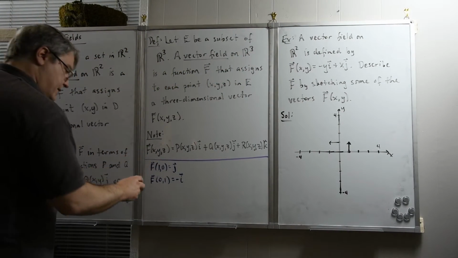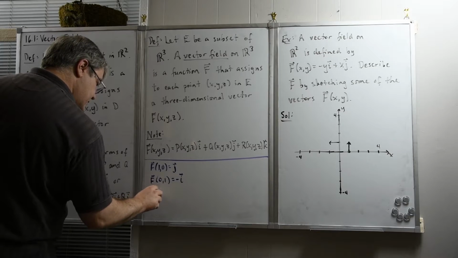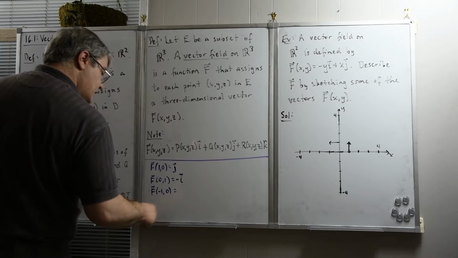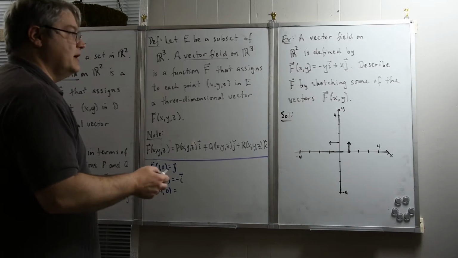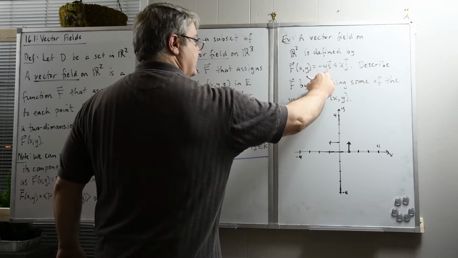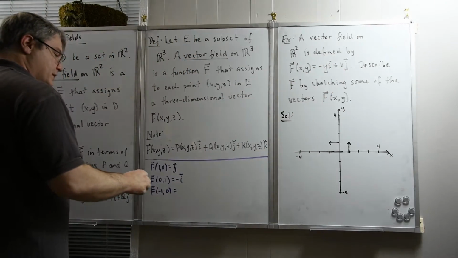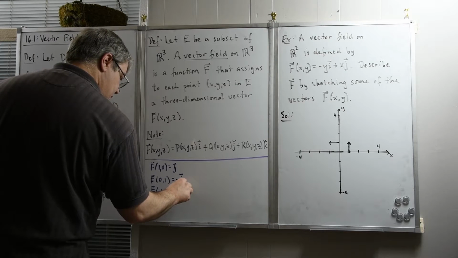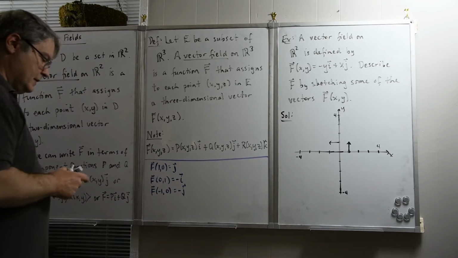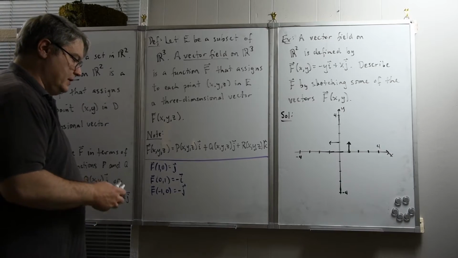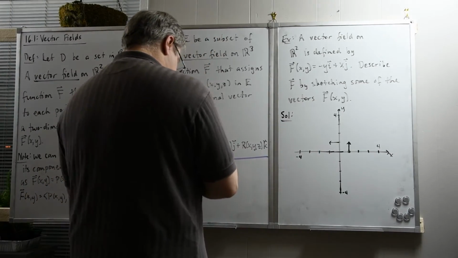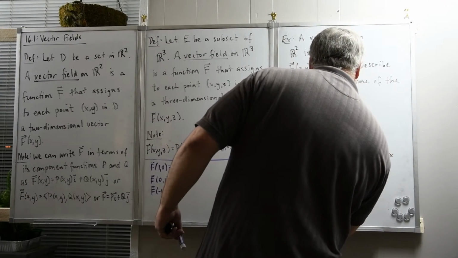And then we'll take a look at f of -1, 0. Well, if x is -1 and y is 0, you get -0i plus -1j, that's -j. Draw the vector so the initial point is at -1, 0, and -j is your vector.